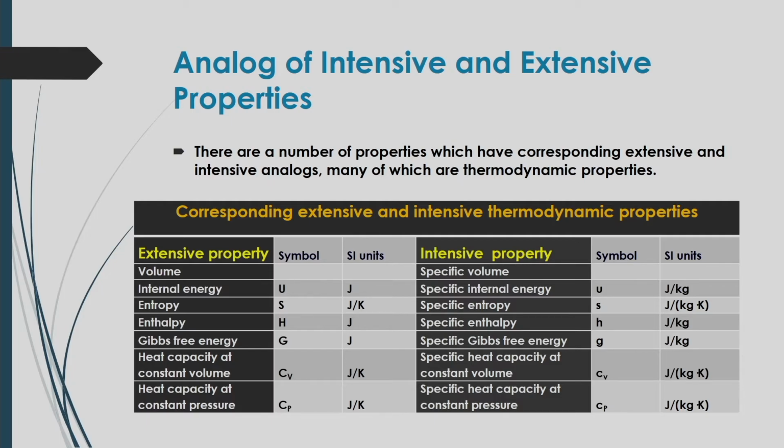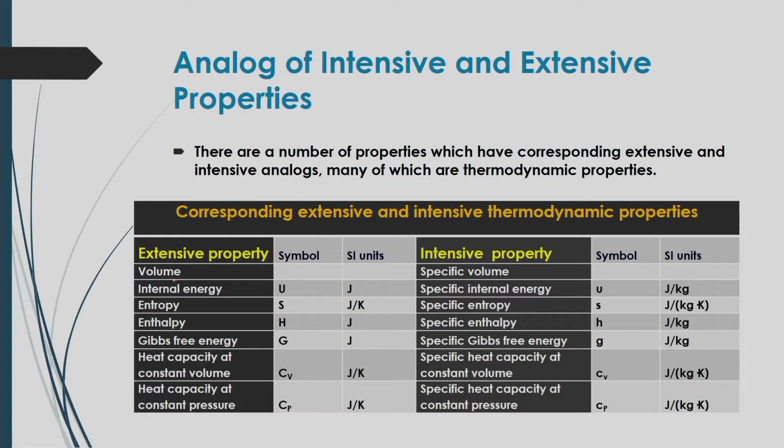In the table on the slide, it is given that some extensive property, like volume, has a respective analogous intensive property, which you can say is specific volume, and it is regarded as an intensive property.